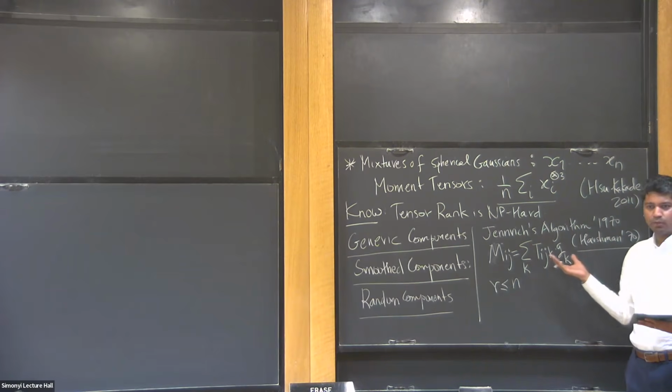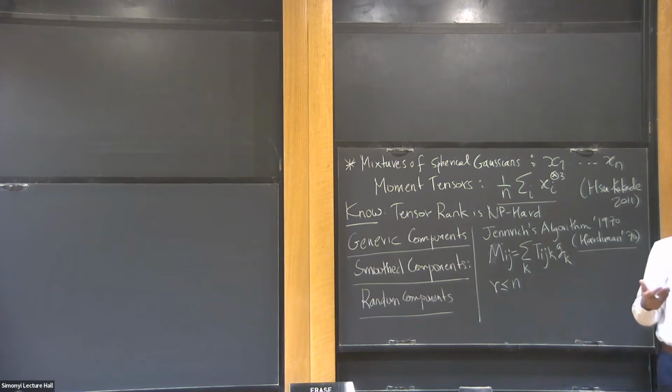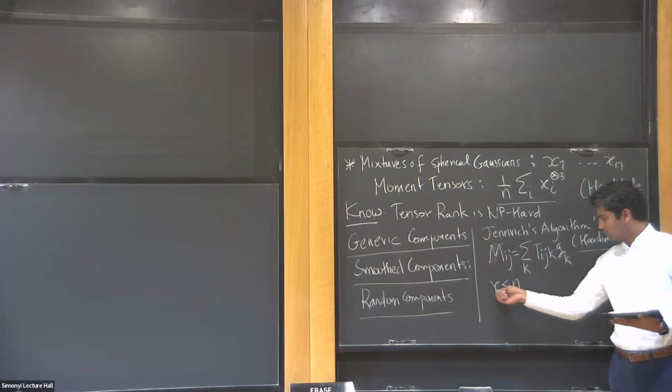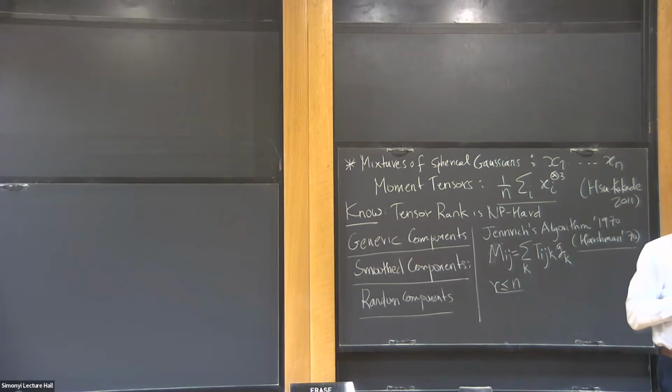Then I'm going to convert it to a matrix. For me to have even a chance of a simultaneous decomposition in the same vectors, the rank of this matrix better be less than n. Otherwise, I'll certainly have multiple decompositions. So basically, R at most n is, in some sense, the benchmark guarantee. It's due to Jennrich, or Jennrich's algorithm.